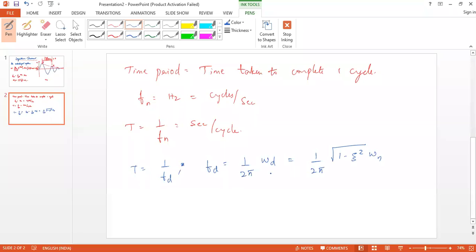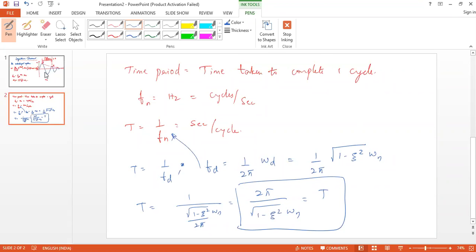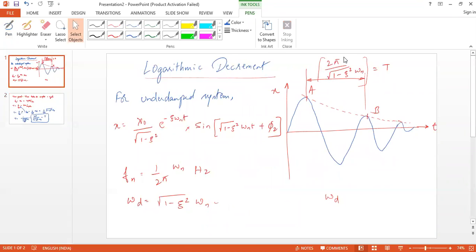So if I substitute this Fd here, T is equal to 2 pi by root of 1 minus zeta square omega n. This is the time period T, the same which I have written here.